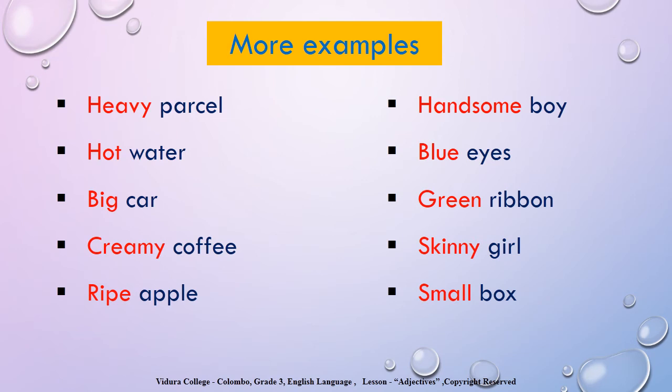The words heavy, hot, big, creamy, ripe, handsome, blue, green, skinny and small describe the nouns parcel, water, car, coffee, apple, boy, eyes, ribbon, girl and box. So they are called adjectives.